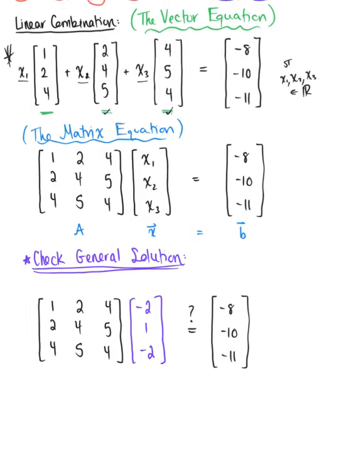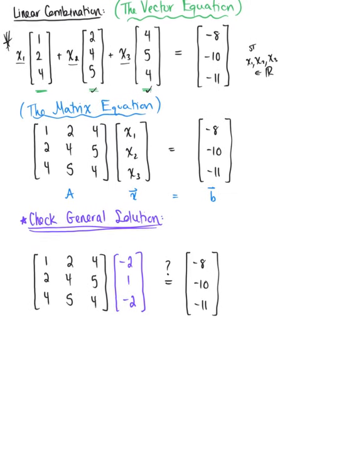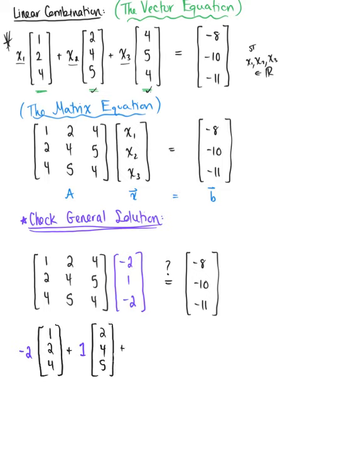So here we go, and I'll try to keep everything so you can see how we're checking. We can re-decompose this to -2 multiplied by that first column vector, 1, 2, 4. And now we want to add this to 1 of the second column vector, 2, 4, 5. And then we want to add this to -2 of that third column vector, which is 4, 5, 4.